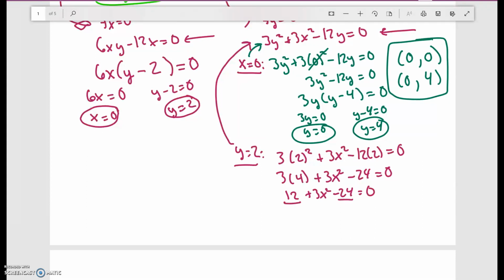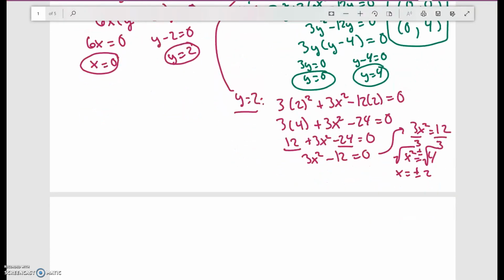When I combine these two, I get 3x squared minus 12 is equal to 0. I can move the 12 over, so 3x squared is equal to 12. Divide by 3, x squared is equal to 4. And when I take the square root, I also have to add plus or minus. So x equals plus or minus 2.